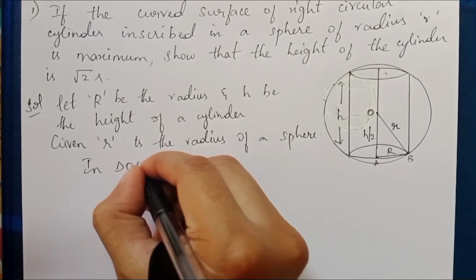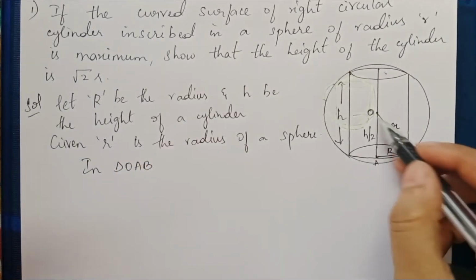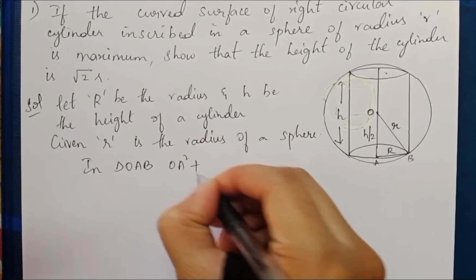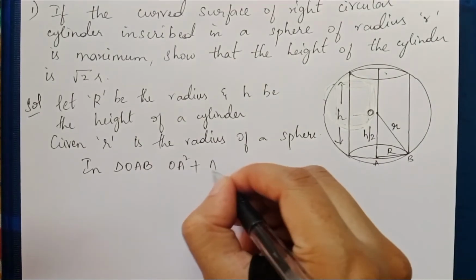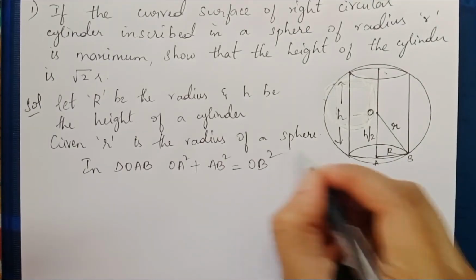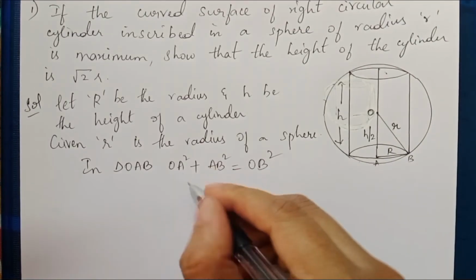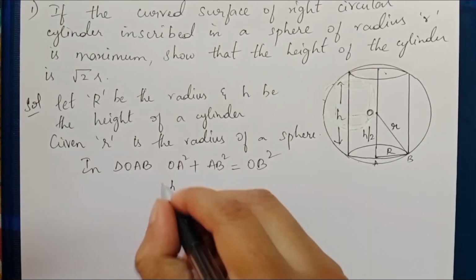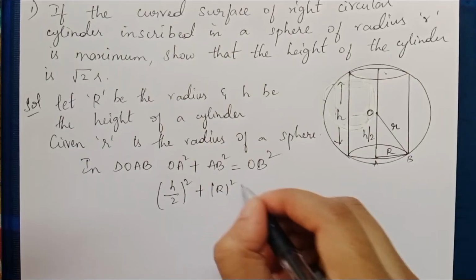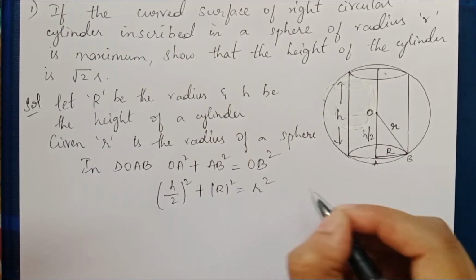Now in triangle OAB, we'll write the Pythagoras theorem. The opposite side square OA square plus the adjacent side AB square is equal to the hypotenuse OB square. Substituting the values, OA is h by 2, squared, plus AB is capital R, squared, is equal to small r square.